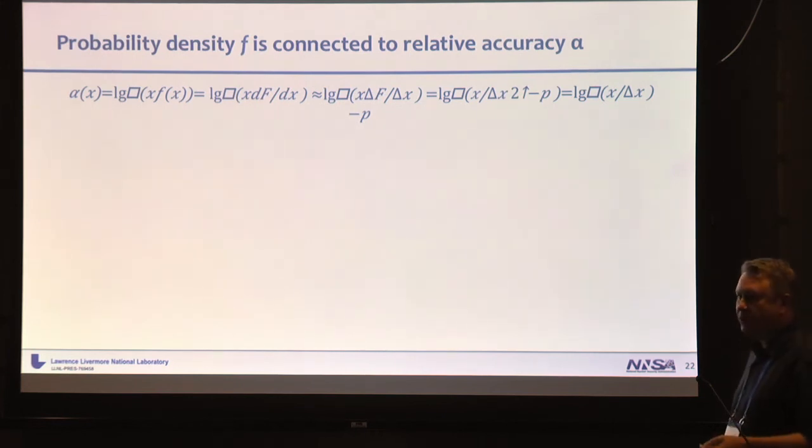Okay, so I've talked about number distributions, and we're going to show that the probability density f is actually really closely connected to the relative accuracy of it. And if this was more readable, you would see that we can define our relative accuracy in terms of the base 2 logarithm of the number x times the probability density f of x here.